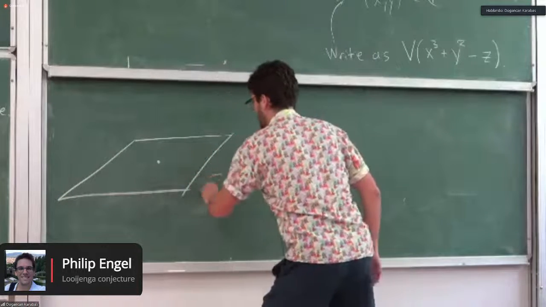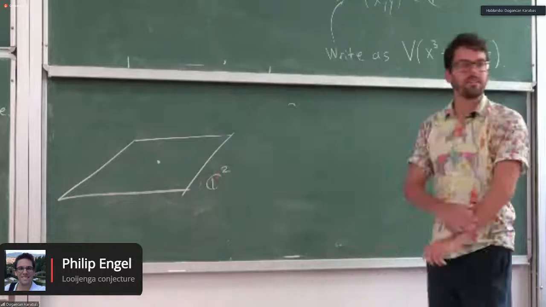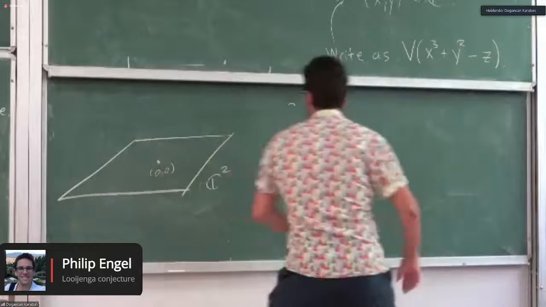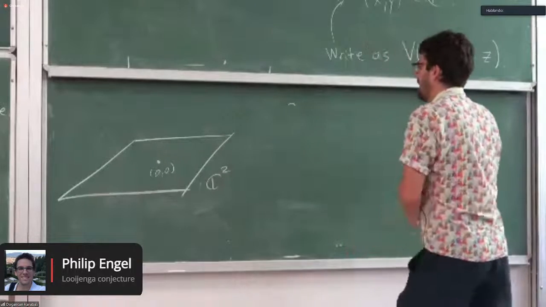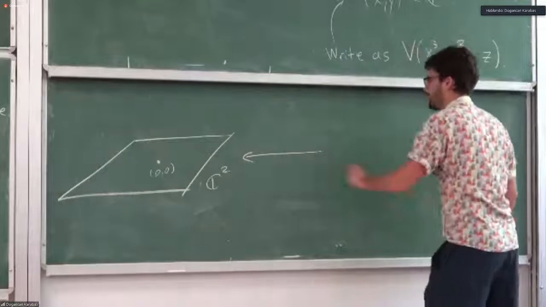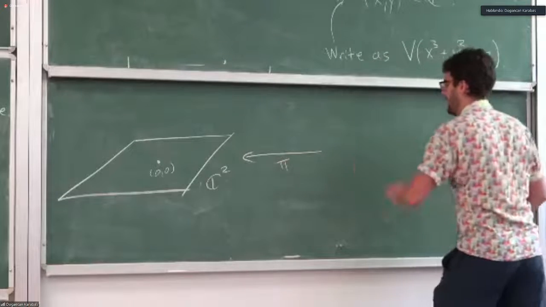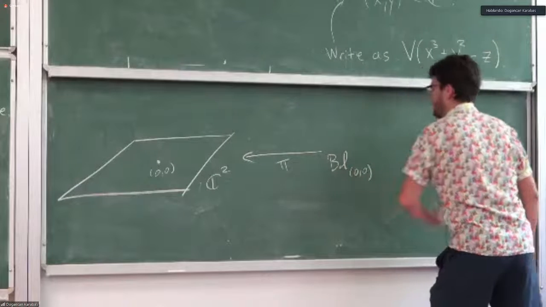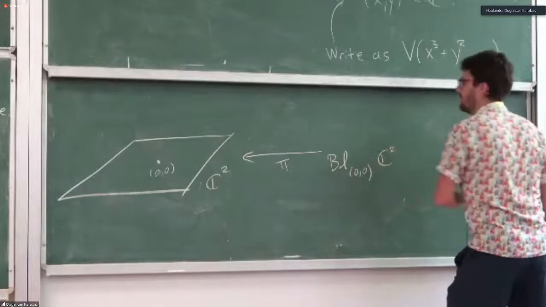Like for instance, we could take C2 itself, right? And then we take the point 0. Then there's this procedure called the blow up. Let's call this map pi. So we'll notate it as the blow up at (0,0) of C2.